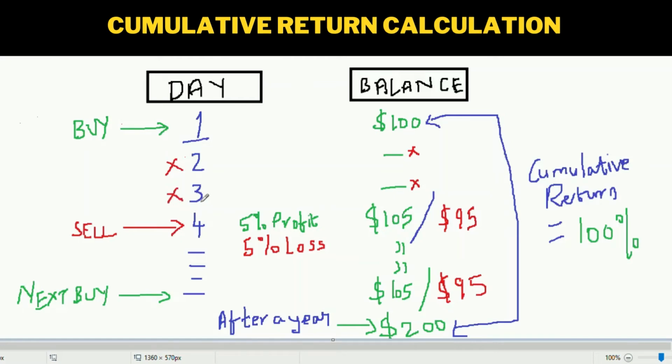Okay, so that's the logic here. After a year, if my balance turns out to be $200, then I can say that my $100 has become $200. So that's a cumulative return of 100%.